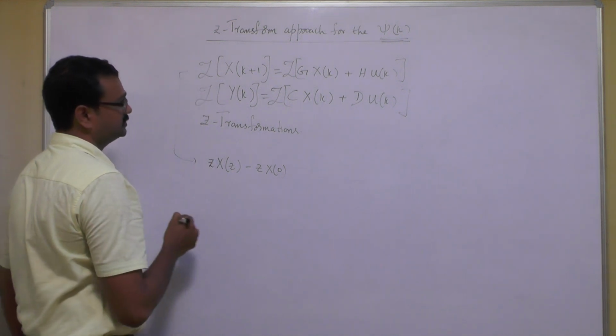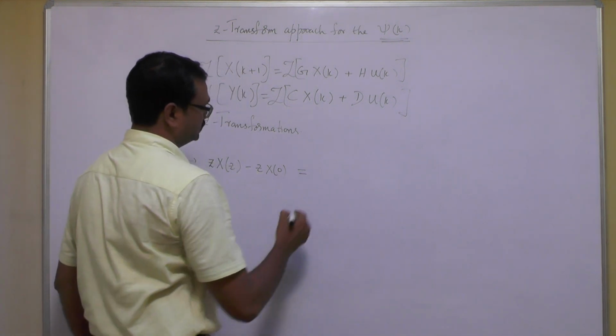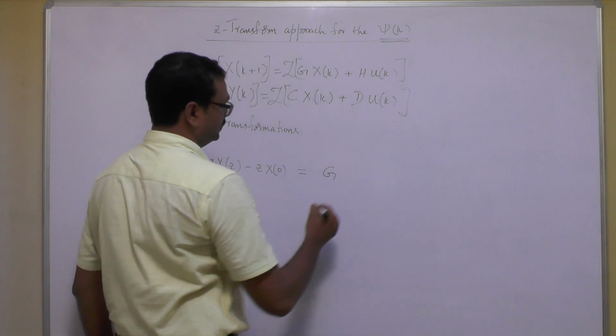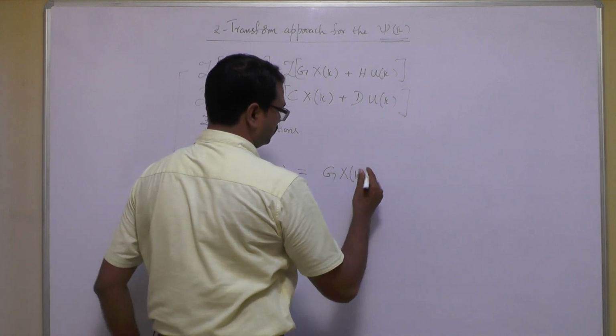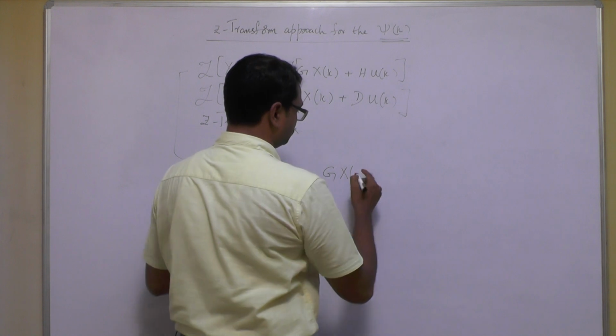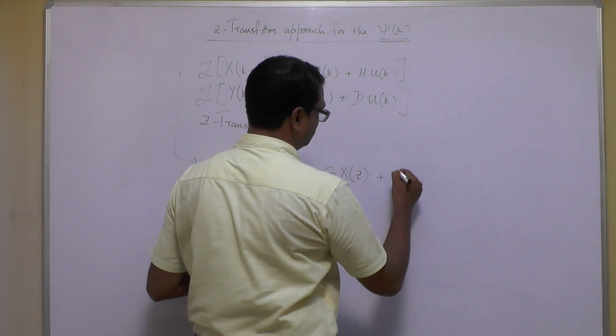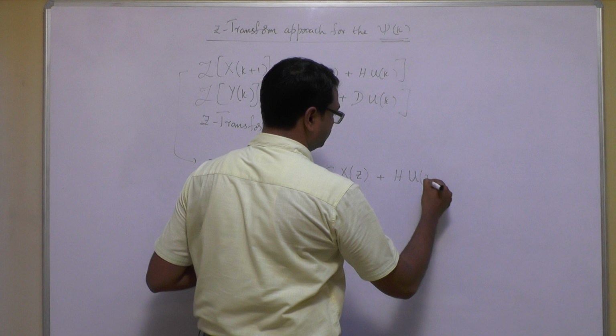This gives us G, which is a constant, times X of z, plus H into U of z.